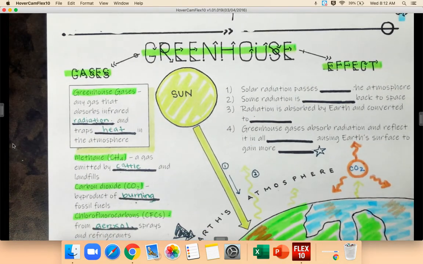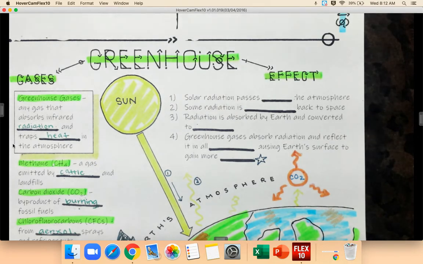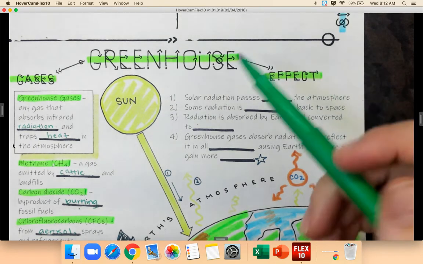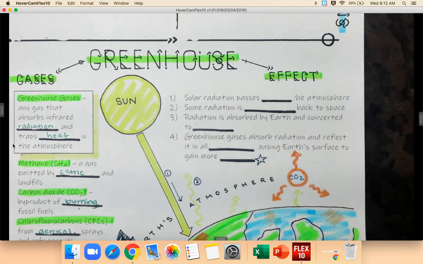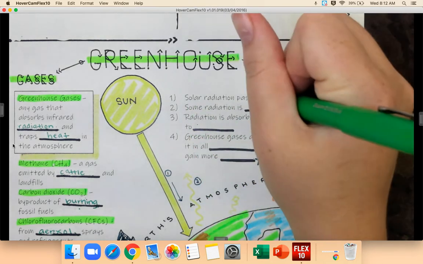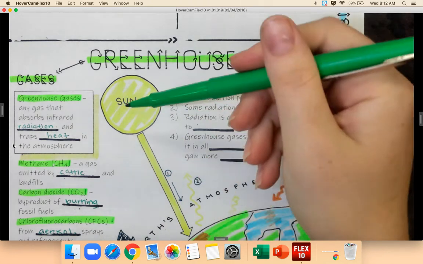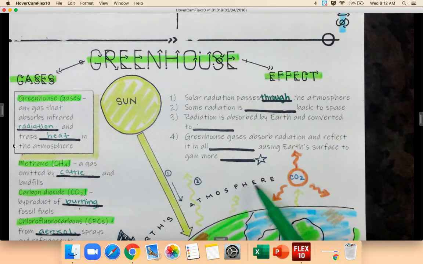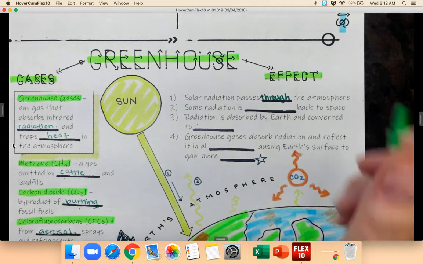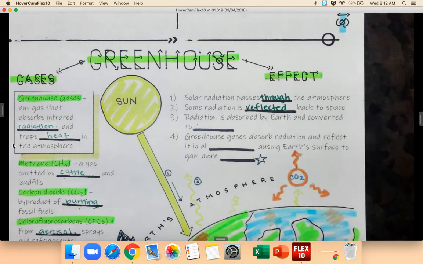Now let's talk about the effect of these gases and the steps. These are the steps in order of how this greenhouse effect happens. Solar radiation passes through the atmosphere. That's the first thing that happens. The sun comes through Earth's atmosphere, which is right here. Then some radiation is reflected back into space.